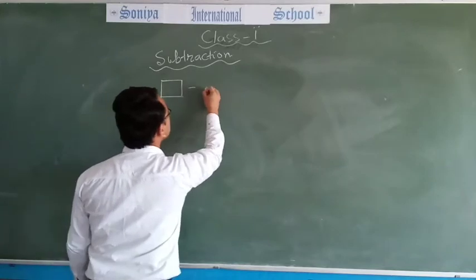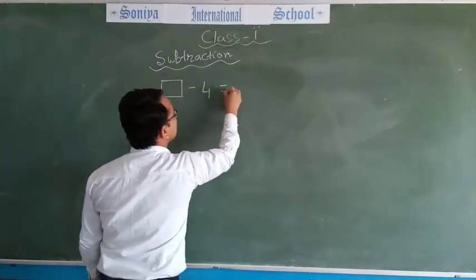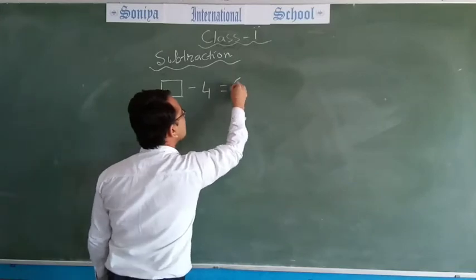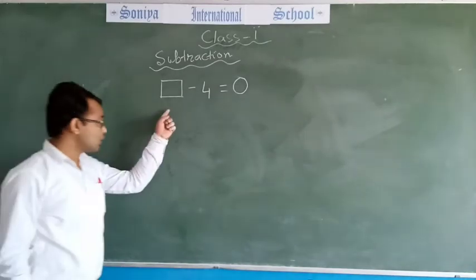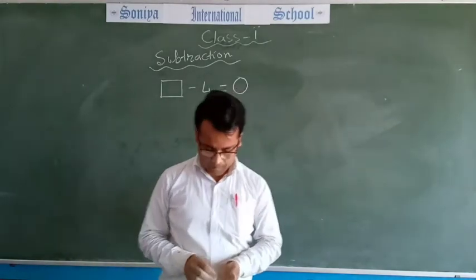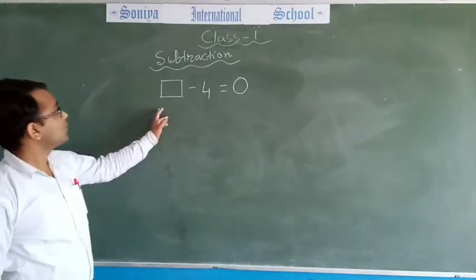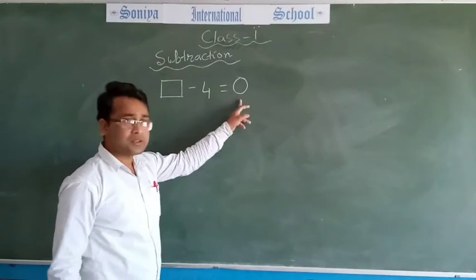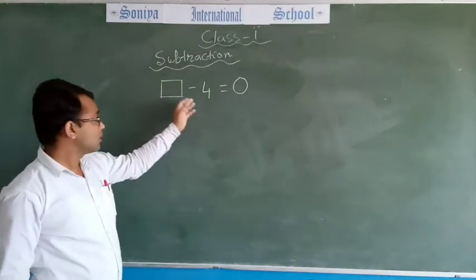Box minus 4 is equal to 0. First of all, answer is 0 and this number 4.